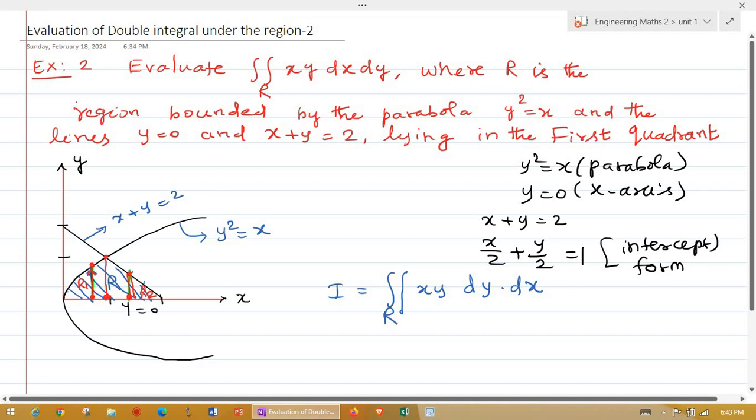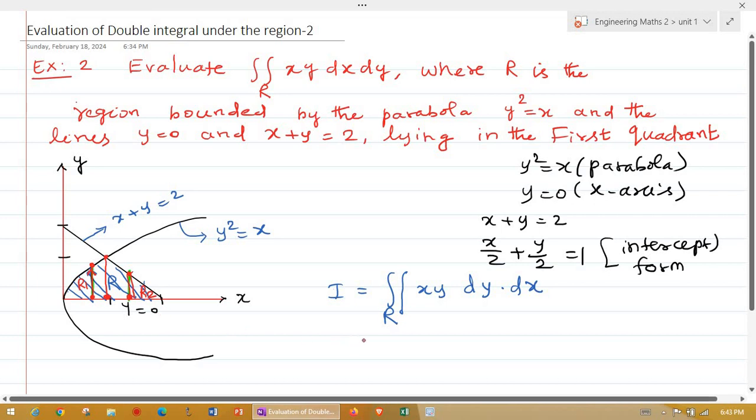Here we note that such a line does not intersect the region in the same fashion throughout. If the line is drawn parallel to the y axis, in the first region R1 it starts from y equal to 0 and ends at the parabola, and in the remaining region R2 it starts from y equal to 0 and ends at the straight line.